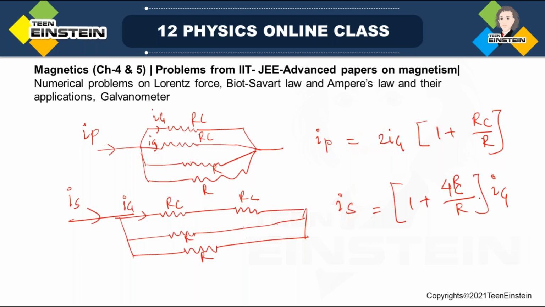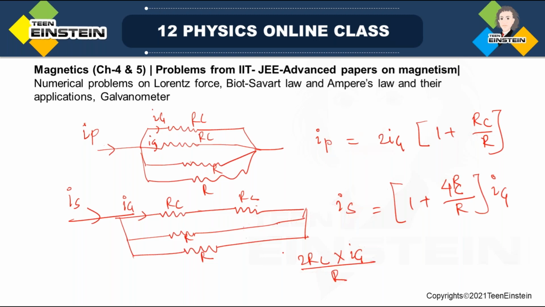Okay, so you might be thinking how we are getting this, because see, you can just check from here if these are in series. So 2 RC will be the total resistance in this, and so the voltage drop is IG into this. So this is the voltage drop for these two guys also.